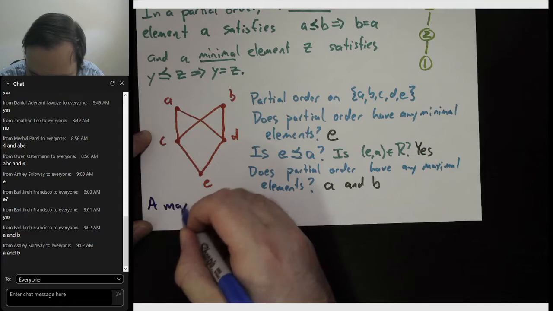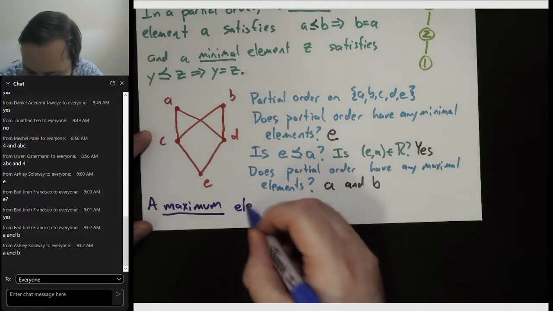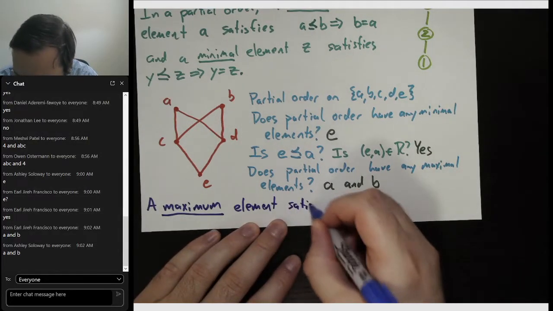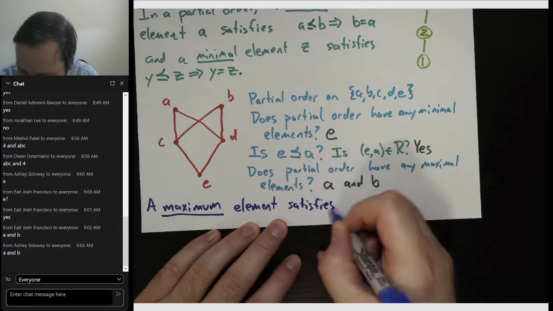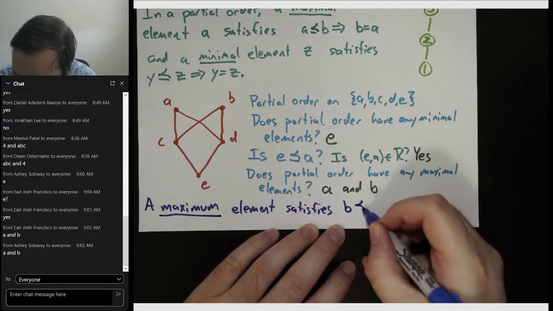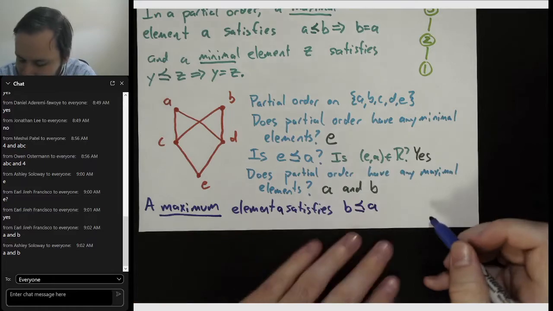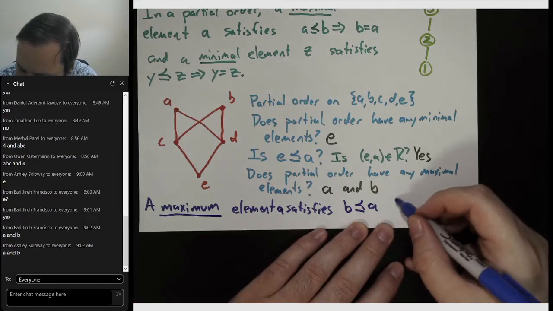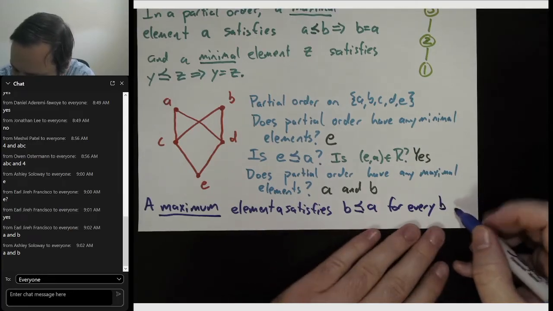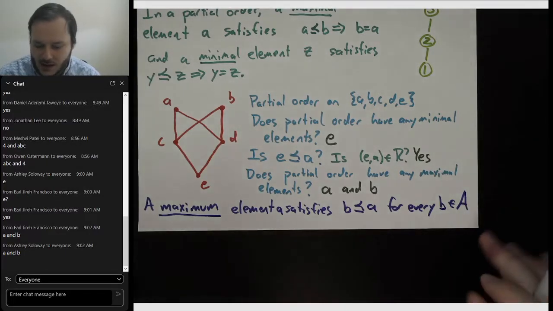A maximum element A satisfies B is less than or equal to A for every B in my set. This is a partial order on A.